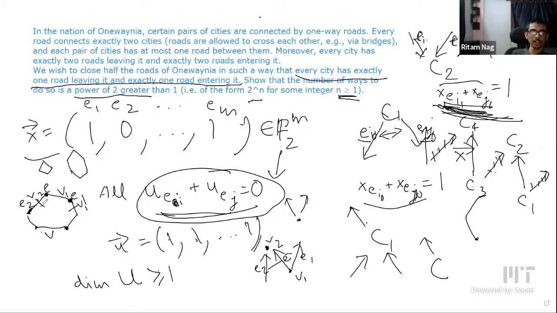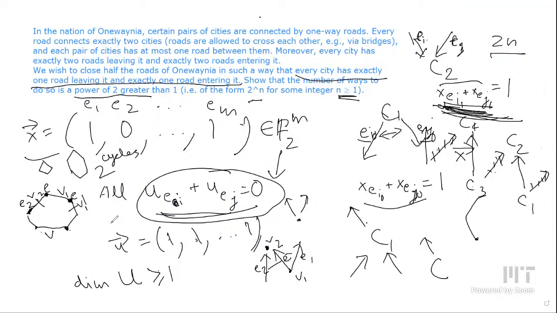So the only way to satisfy it is to choose vertices alternatively. You can prove that each of these cycles are even, and after that you can choose edges alternatively in two ways, either as E2, E1 and so on, or E and this vertex and so on. And the same for every single cycle. So the number of solutions is simply 2 to the power number of cycles.